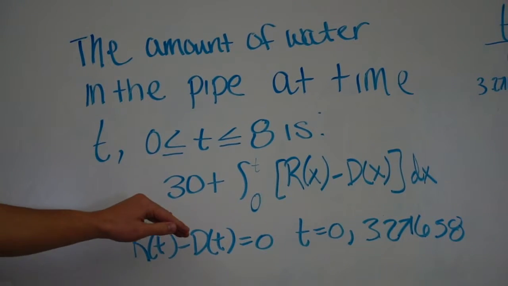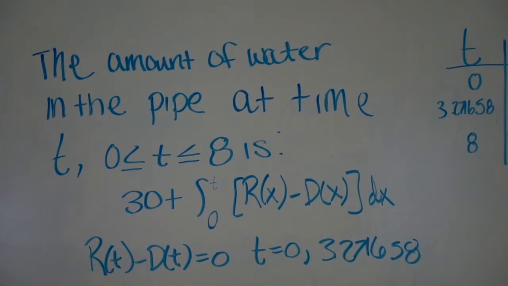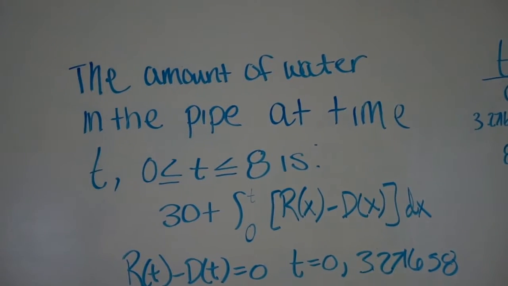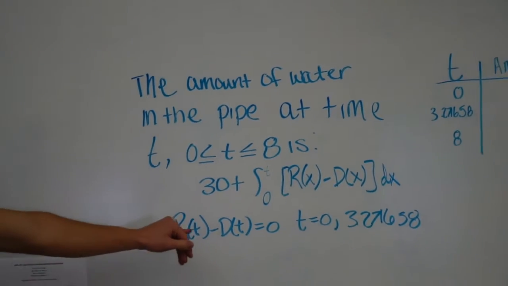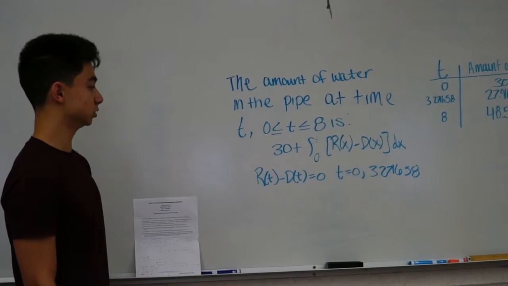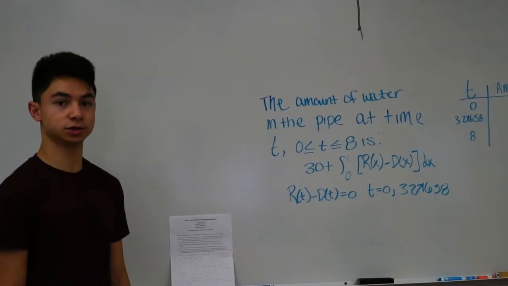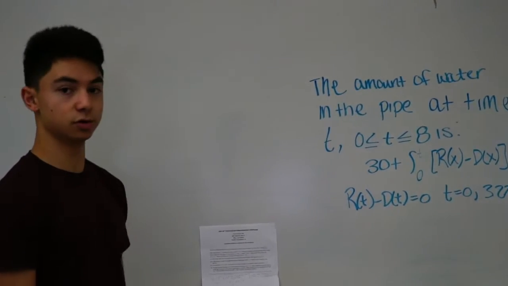So the derivative of this equation is actually just r of t minus d of t, and to find the critical points, you just set this equal to 0. So r of t minus d of t equals 0, and then from there we'll go to the calculator to show you how to find that critical point.